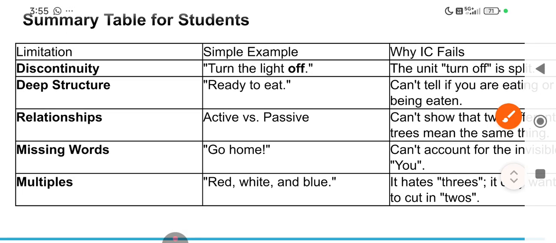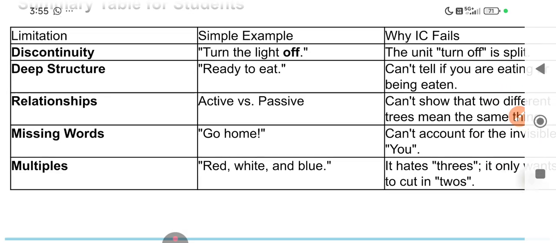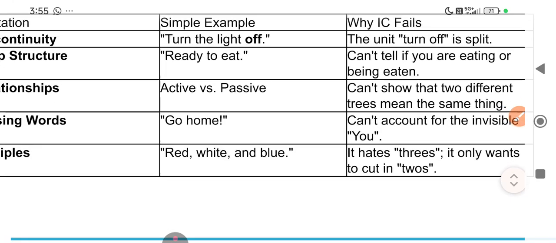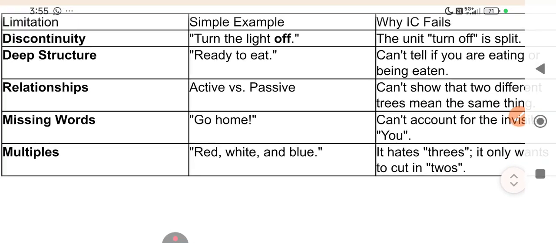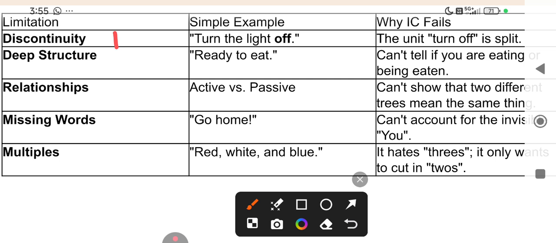So let us see the summary: limitations, then example, and why IC analysis fails. So first is disambiguity, deep structure, relationships, right, and then missing words and multiples. Example, discontinuity: "turn the light off," "turn off," "turn the light off."